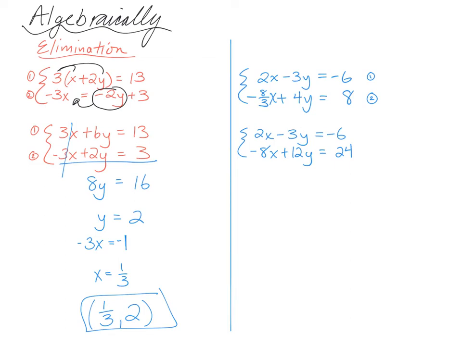Let's eliminate x's. All right, so I see here I have 2 x's and I have negative 8 x's. How can I make those numbers opposites of each other by using multiplication? Well, the most efficient way to do that would be to multiply the first equation here by 4.